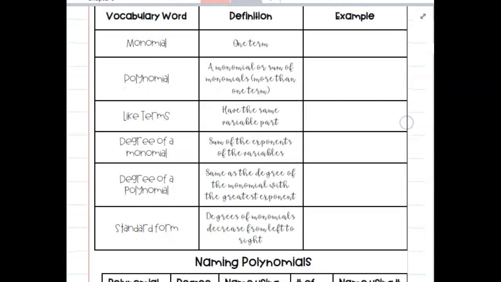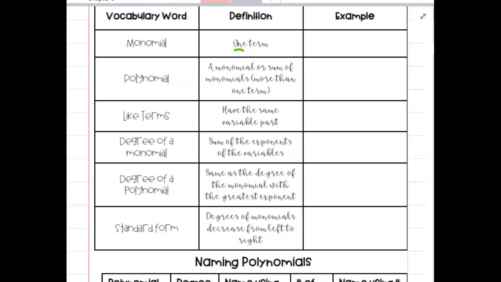The first vocabulary word is monomial. For a lot of these, you may not have heard the word before, but you may know what parts of it mean. Mono means one, so a monomial means one term. That nomial part refers to term.